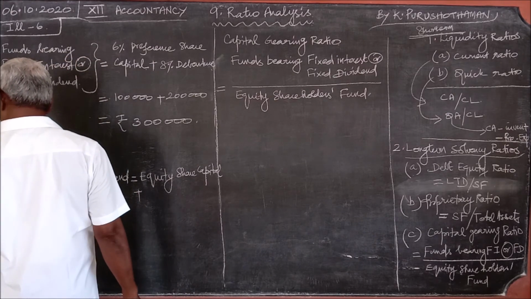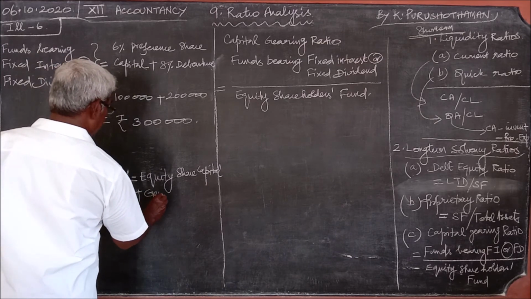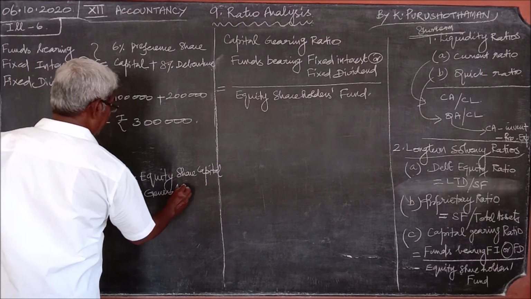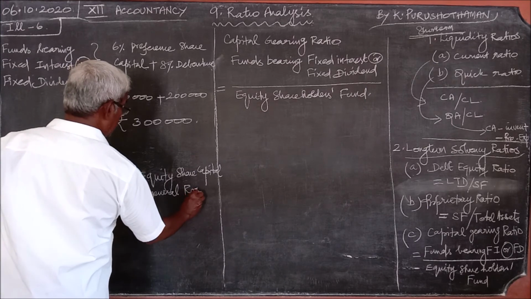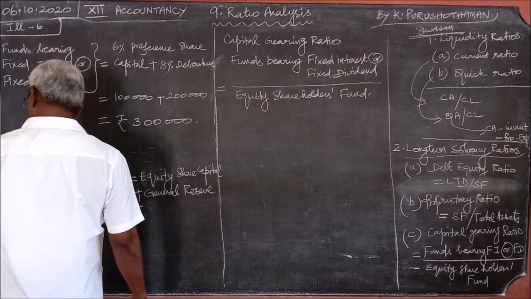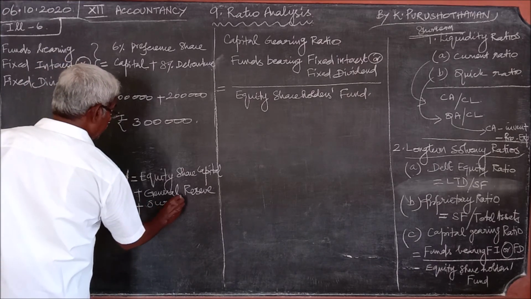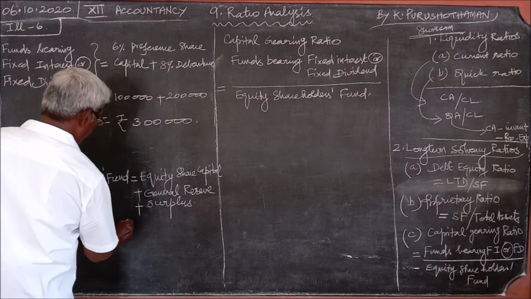What are the reserves and surplus? General reserve. In this problem, it is given separately. General reserve plus surplus 75,000. Three items are given.